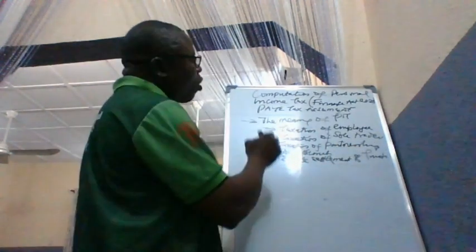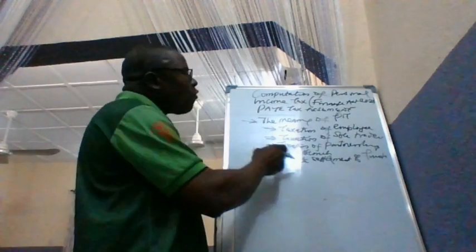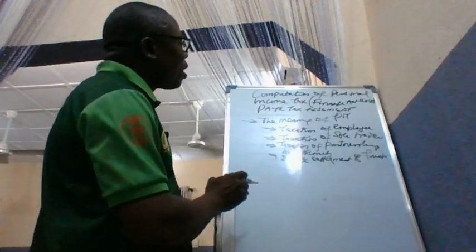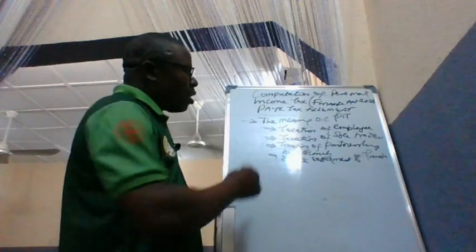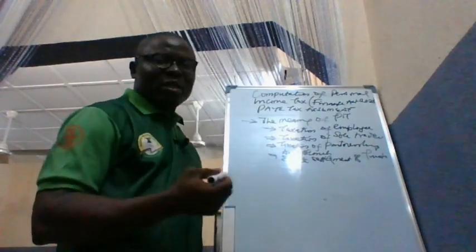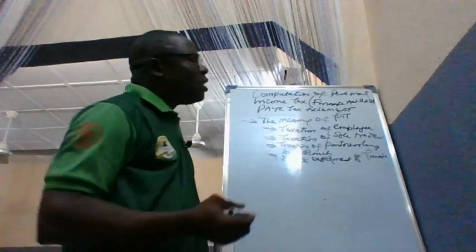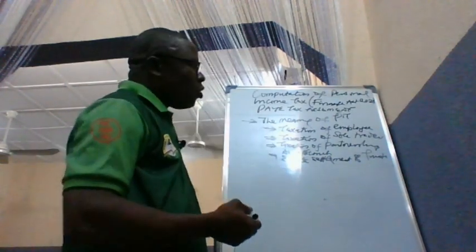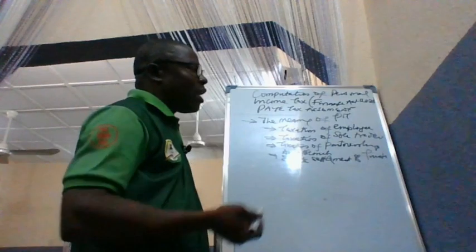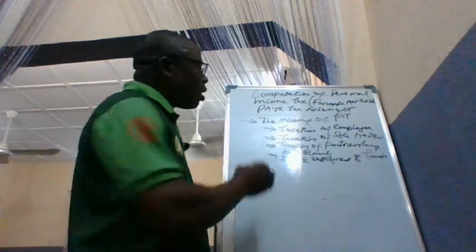So personal income tax involves these taxes. Number one, the tax of employees or staff. Number two, it deals with the sole trader; sole traders are businessmen.